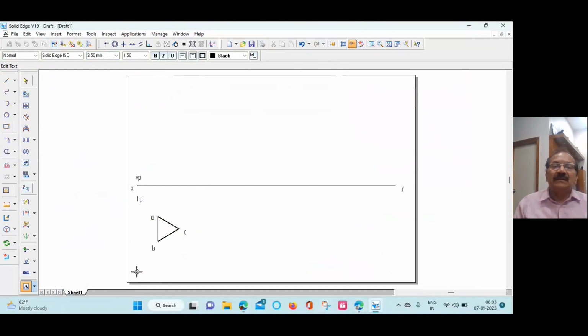You can write here: AB is the edge on which the triangle is resting on HP. This is a condition given. Okay.